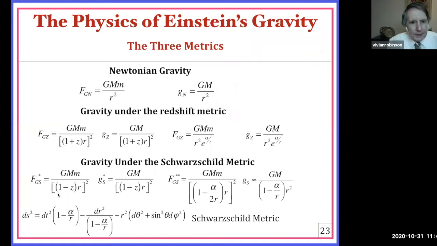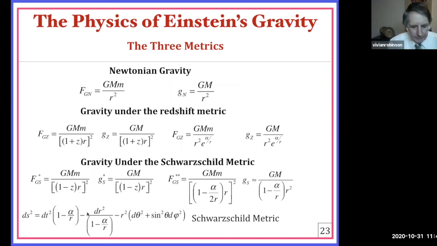So if we change the denominator from r to 1 minus z, you get these terms. The problem with that is that when you substitute z by alpha over r, you get this term, 1 minus alpha over 2r squared. However, with the accepted Schwarzschild metric shown below, everybody expects a singularity at r equals alpha.